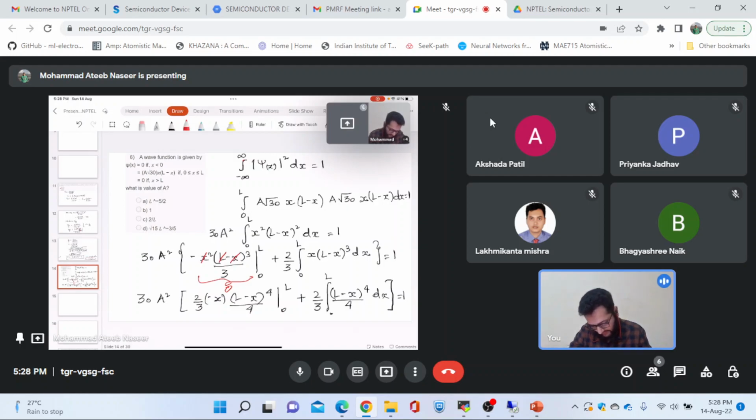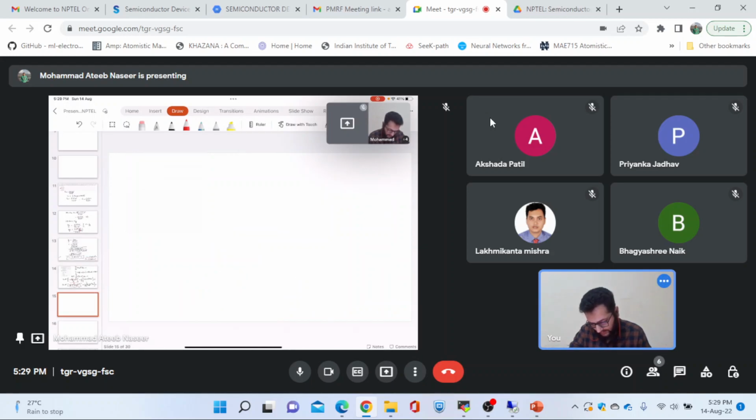Now if we see this using the same logic as previously, putting the limit L over here, this will become 0, and when I put the limit 0 over here, it will become 0 in that case as well. So this expression will become 0 simply. I will be left with 30a squared.